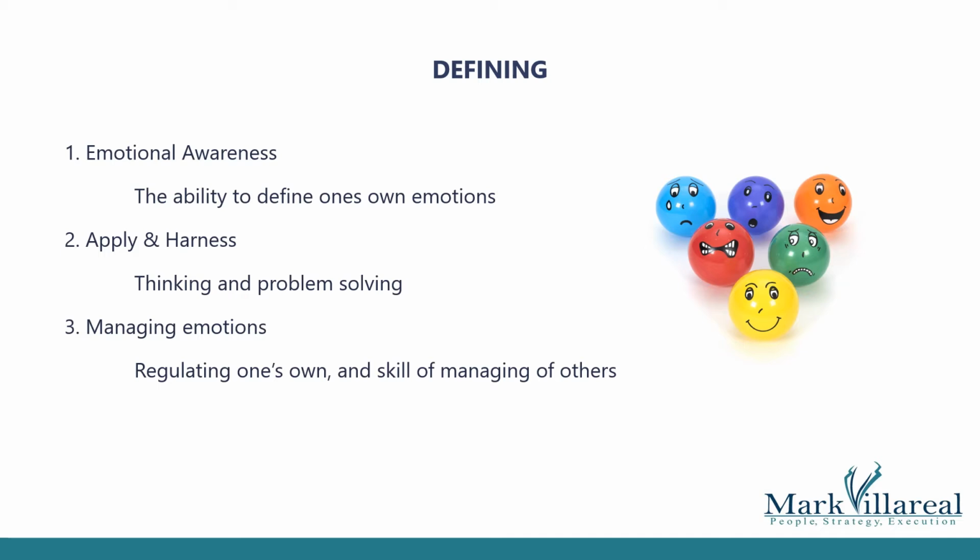How do you apply your own emotions? How do you harness it for the best benefit? And this will advance your thinking and problem solving. And 3, manage your emotion. Obviously, the ability to regulate your own emotion, and then the skill of managing others' emotions. That takes the skill of understanding their emotions as well.